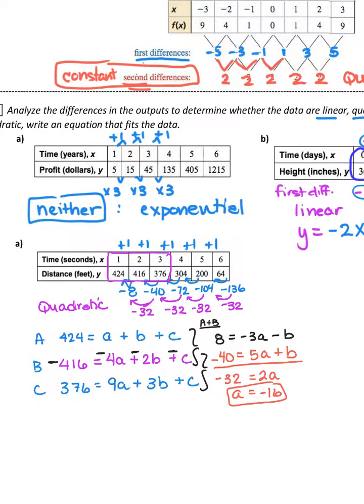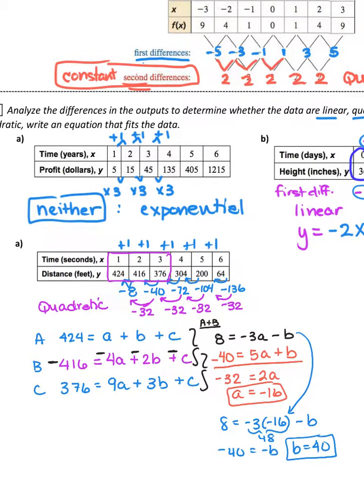And then to solve for b, I can plug it in anywhere I want. I guess I'll plug it in here. So 8 equals -3 times a -16 minus b. So that's 48. 8 minus 48, -40, equals a -b. So b is going to be 40.